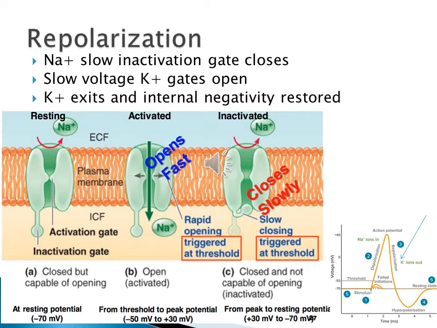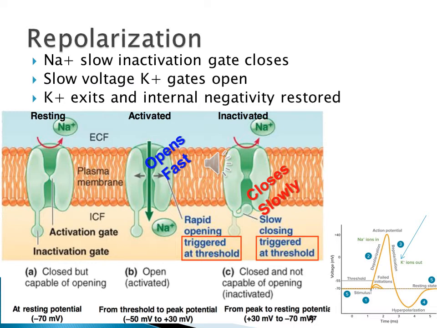So with repolarization, we're at +30. We're working to reestablish resting membrane potential by getting potassium to leave the cell. Your slow inactivation gate closes. The slow voltage potassium gates open.